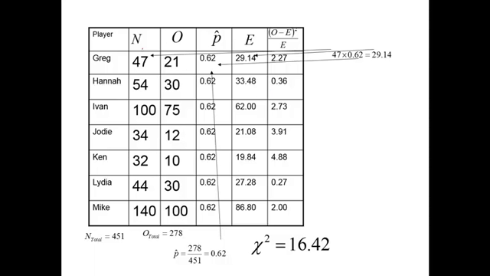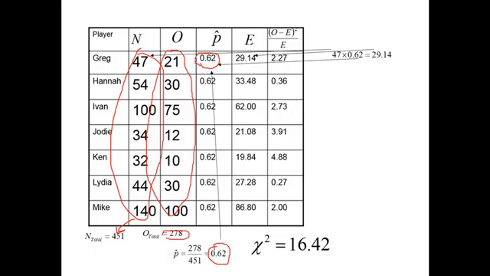We pool the data. There were a total of 451 attempts. We had then a total of 278 successes, which means that as a group they succeeded 62% of the time, a 0.62 fraction of the time.